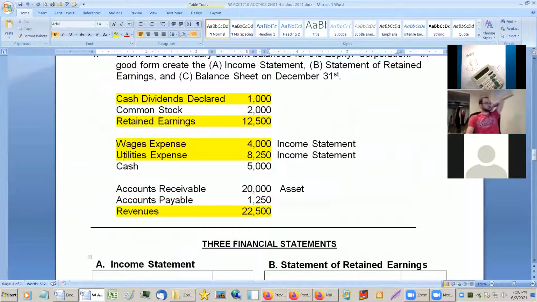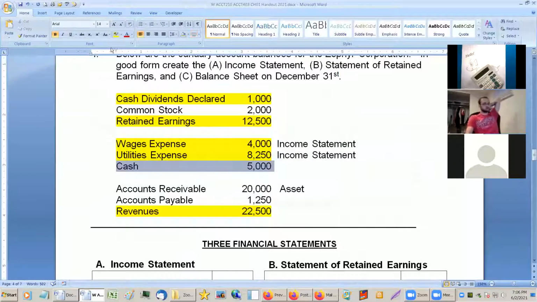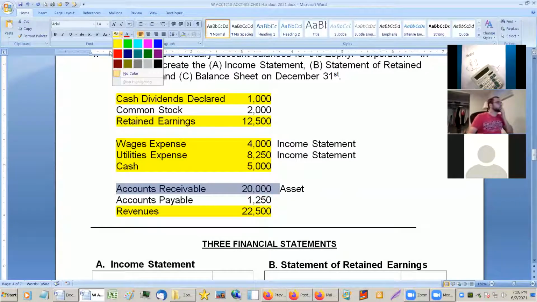Liability. Okay, so we got cash. So accounts payable.